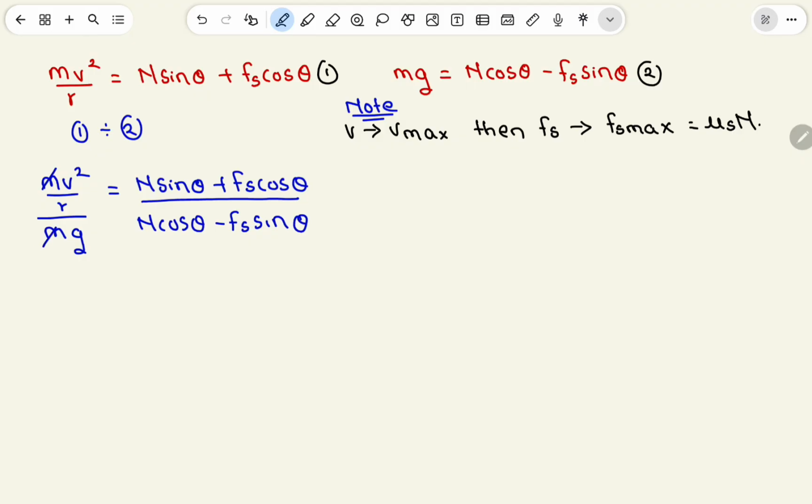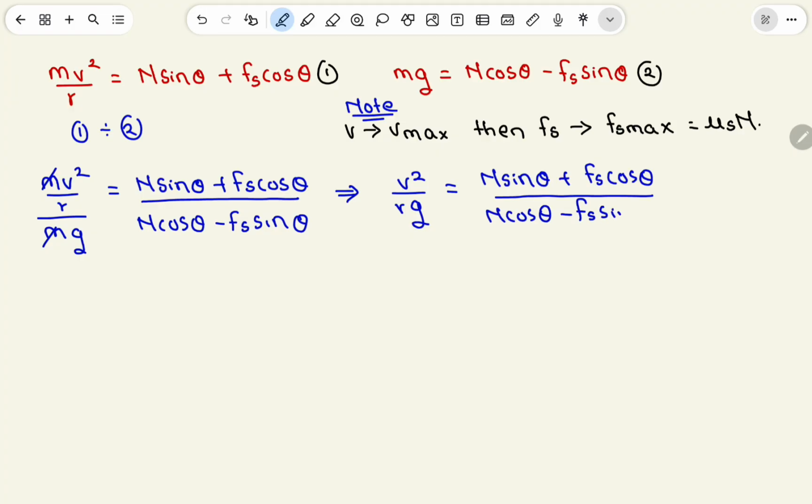M and M gets cancelled. So we have v square upon rg is equal to N sin theta plus Fs cos theta upon N cos theta minus Fs sin theta.